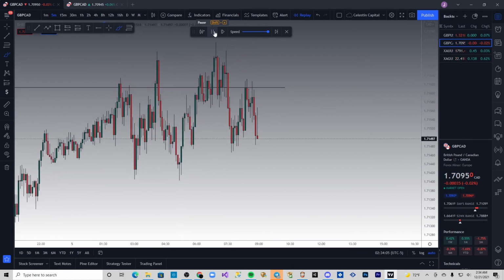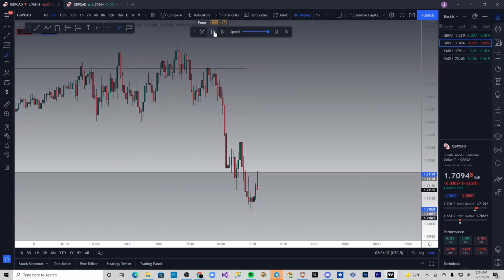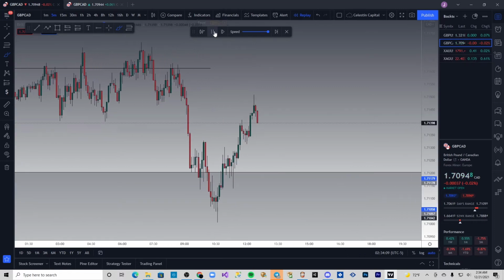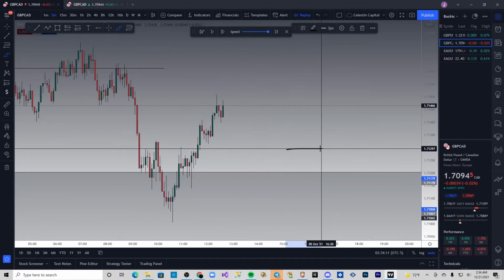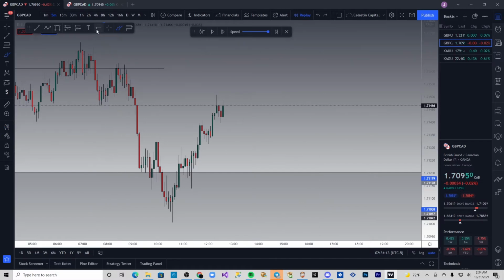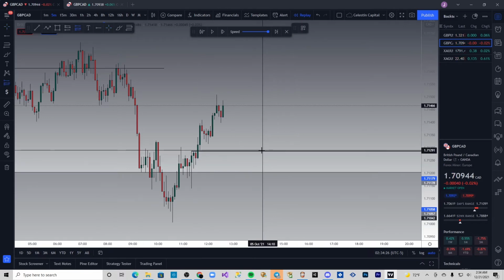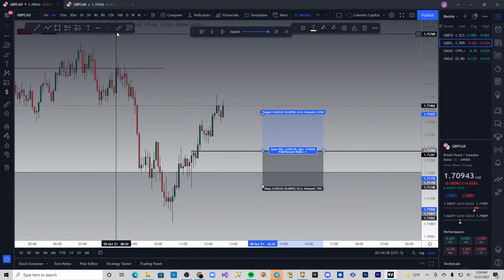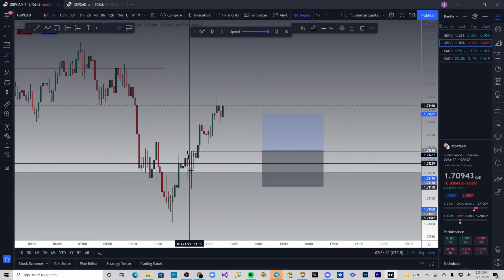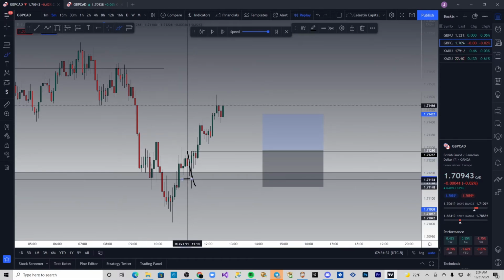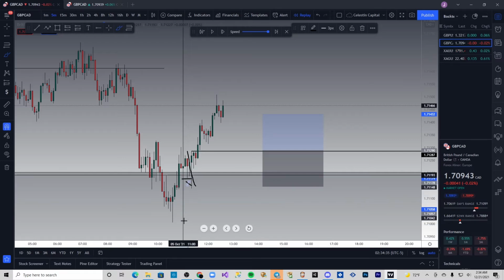Let's see if we get some kind of liquidation and push to the upside. All right, so let's see. So we have liquidation, push up. Can potentially look for mitigation of this zone right here and buy it up, right? So we have this down move that liquidated these lows right here. See this as liquidity.